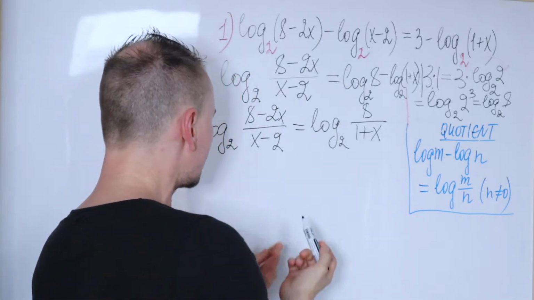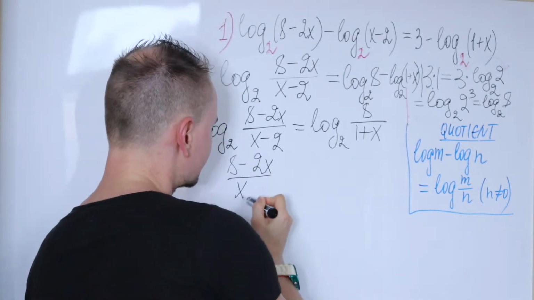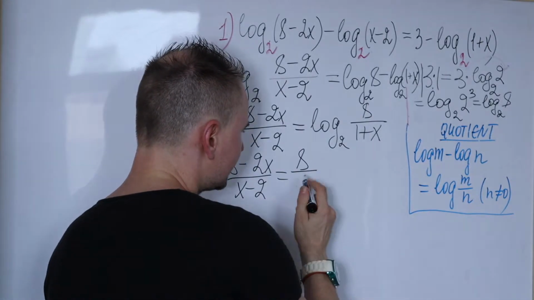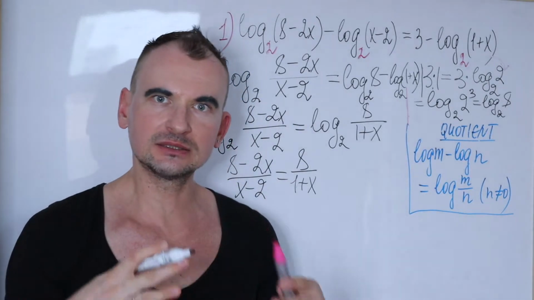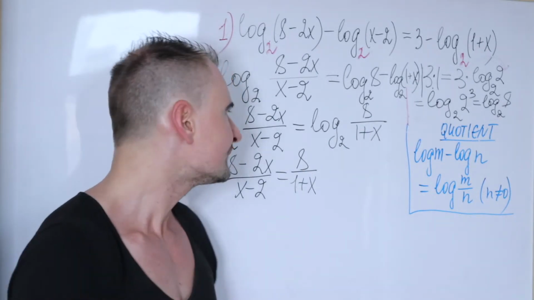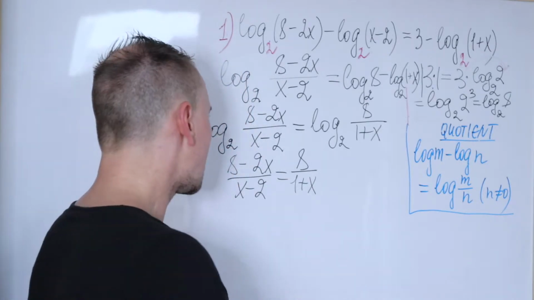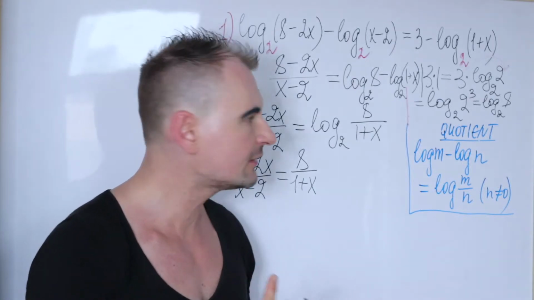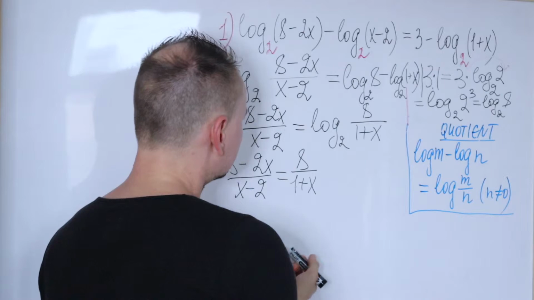So set them equal to each other, and it becomes just a rational equation in x, with no logs at all, or an algebraic equation if you will, and you solve it normally. So I would just move this term to the left side, more algebra involved, but it is what it is, and just solve it normally.